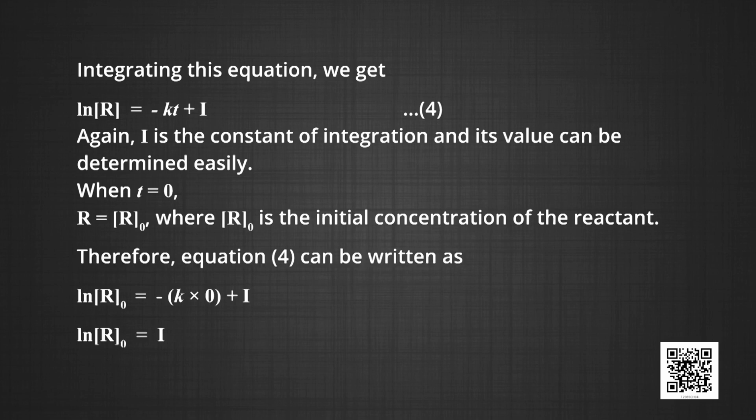Therefore, equation 4 can be written as ln [R]0 equals minus k into 0 plus I, and therefore, we get the value of the integration constant, that is ln [R]0 equals I.